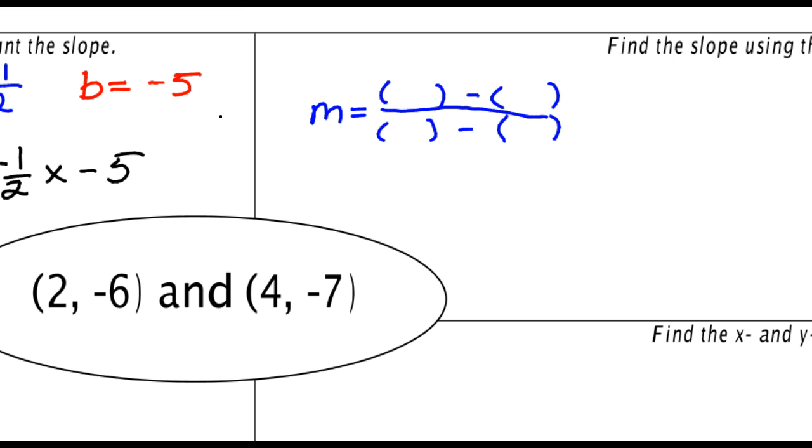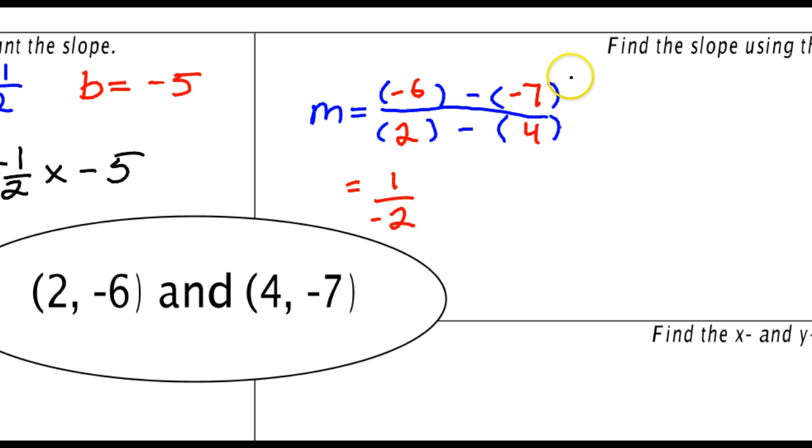Alright, so what do we have on top? Negative 6 and negative 7. The y values, the up and down, the rise. On the bottom, 2 and 4. Good. So -6 minus -7 would be 1. 2 minus 4 is -2.